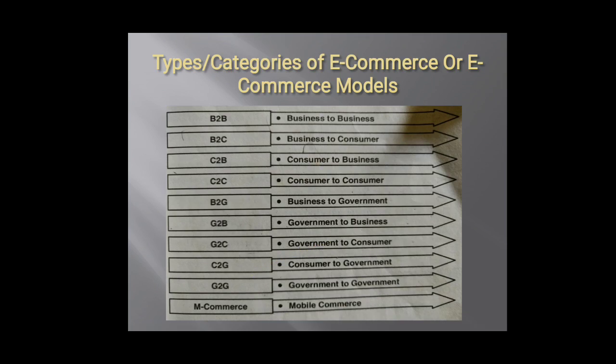Next is types or categories of e-commerce, or e-commerce models. So the first one is B2B, that is business to business. When we talk about business to business, e-commerce is simply defined as e-commerce between companies. This is the type of e-commerce that deals with the relationship between and among businesses. So different companies altogether can be termed as business to business.